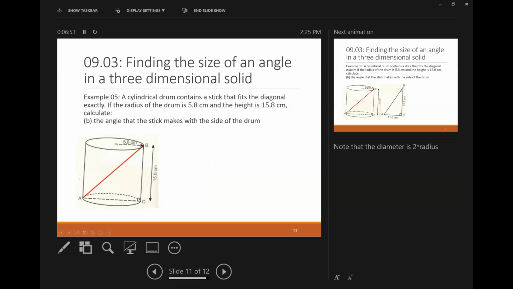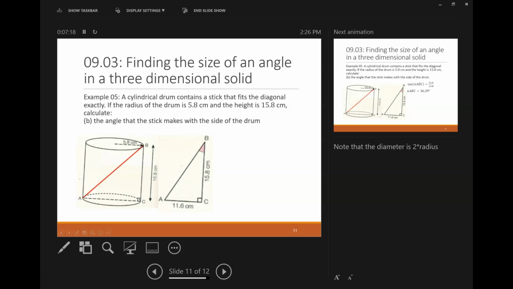Part B says, what is the angle that the stick makes with the side of the drum? Which angle are we talking about there? It is ABC. Right? It's got to be with the side of the drum, not with the bottom of the drum. Everybody see that?